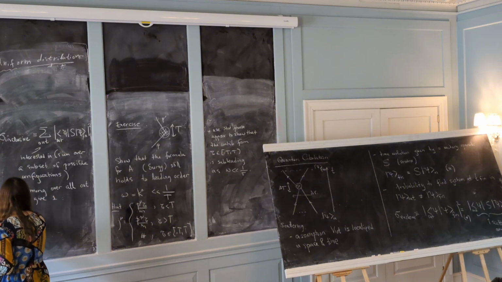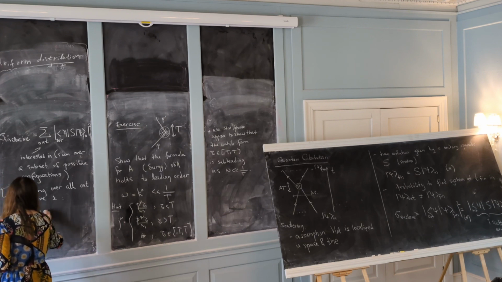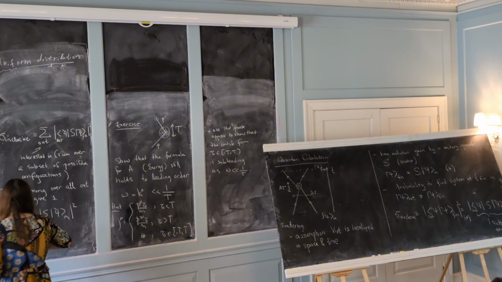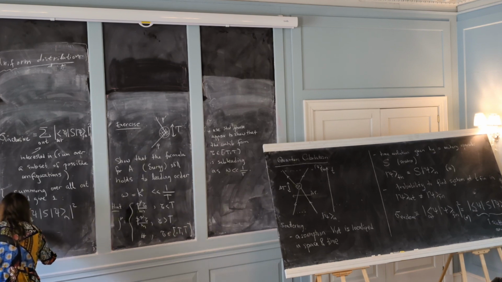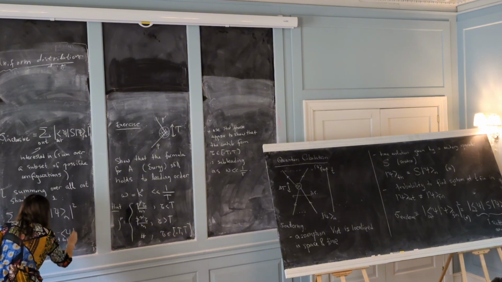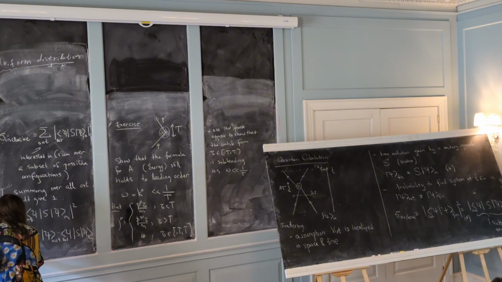And indeed, if you sum over all out of |⟨psi out|S|psi in⟩| squared, I can also write this as ⟨psi in|S dagger|psi out⟩⟨psi out|S|psi in⟩, summed over all out.